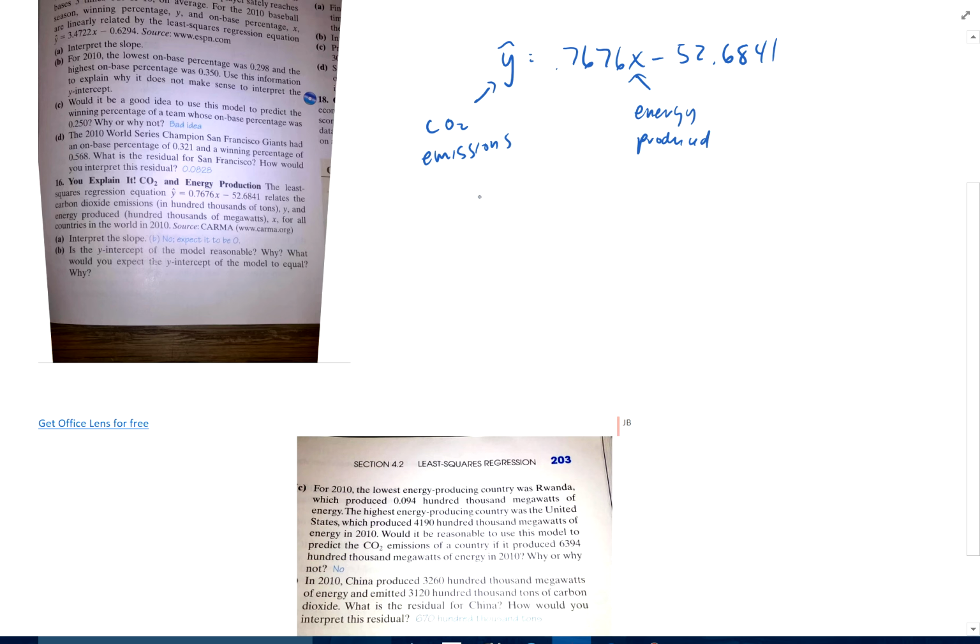Interpret the slope. So A, 0.7676 over 1. Okay, so as we said before, slope is rise over run, or change of y over change of x. So we've got to get our units. This is carbon dioxide over energy.